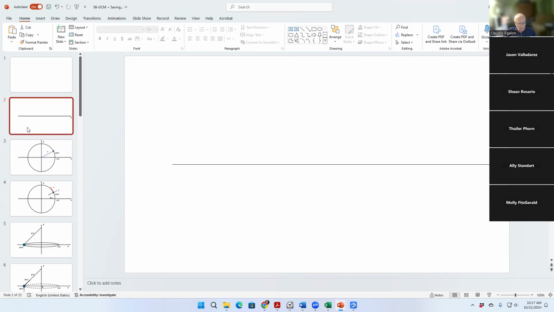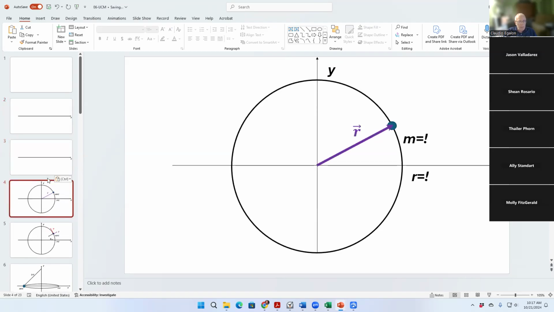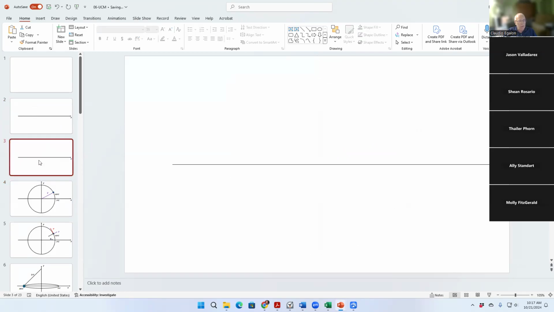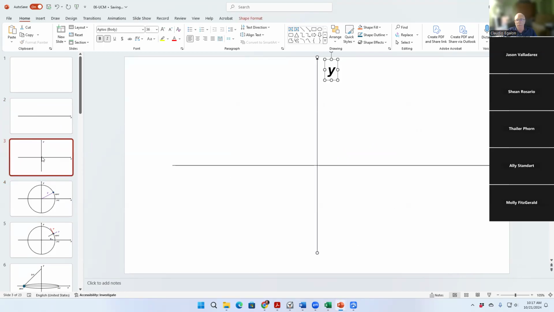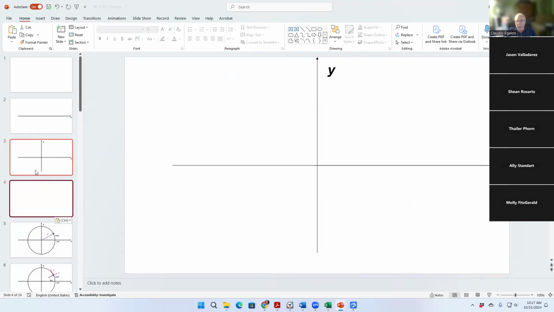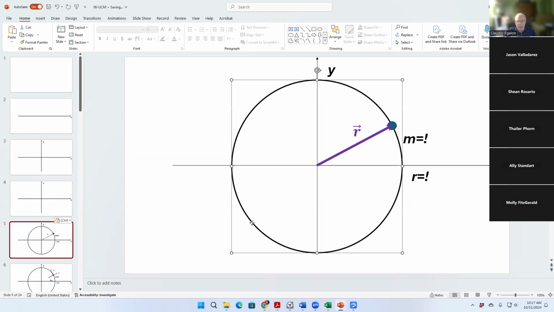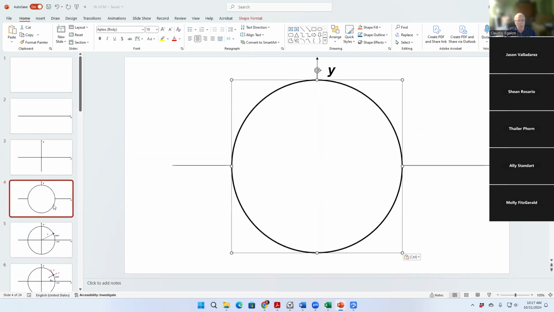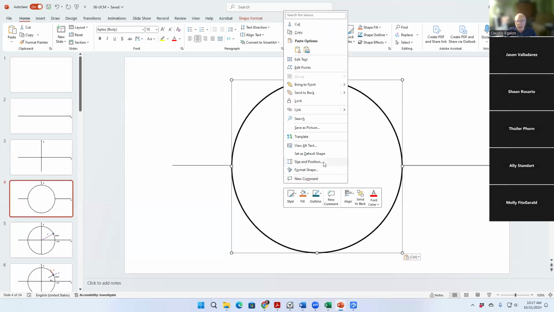And then we finally get the Y-axis. Here you go. Then we show the path of the particle. And this guy here is going to be sent to the back.